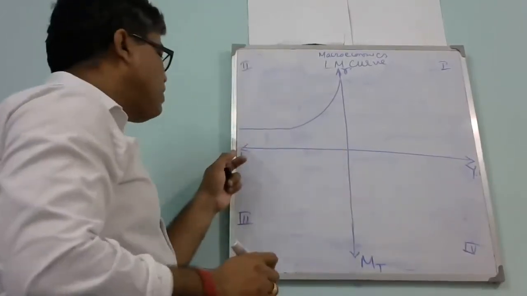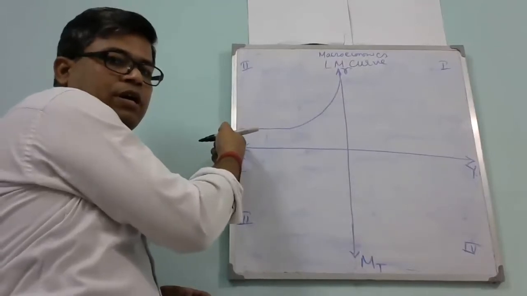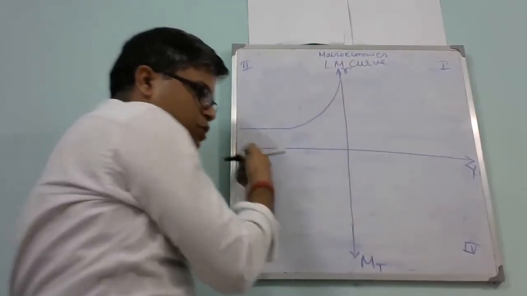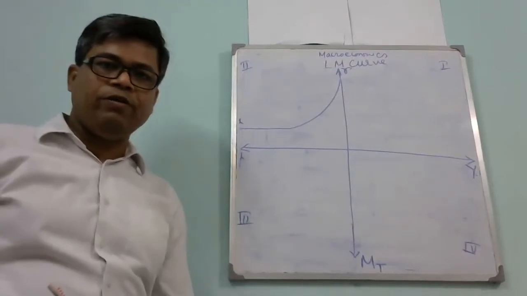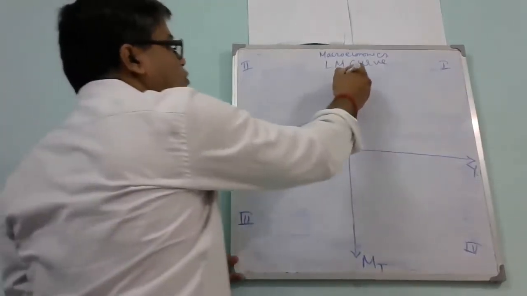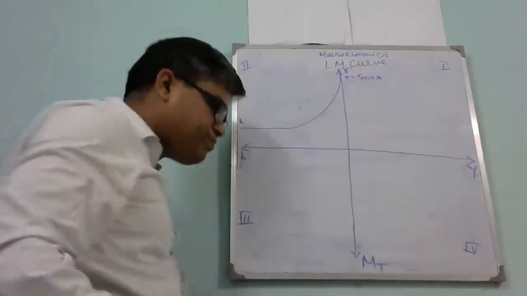Since we have considered L on this side, that's why we are drawing this curve in this way. This is the speculative demand curve, with R equal to R max.